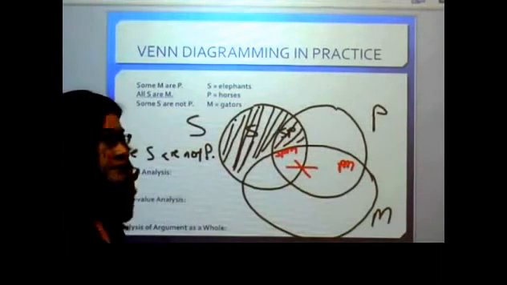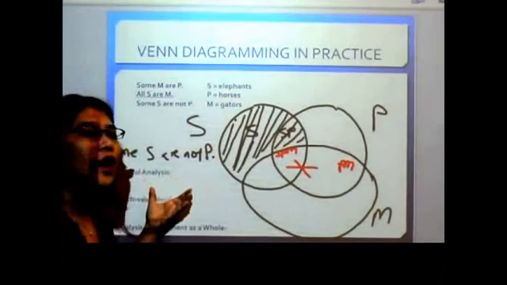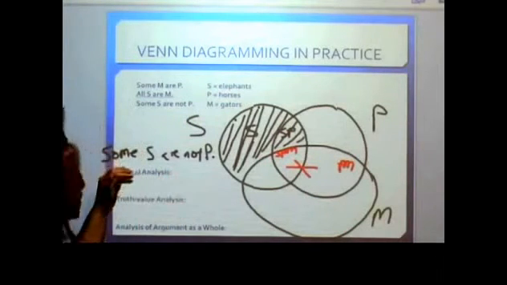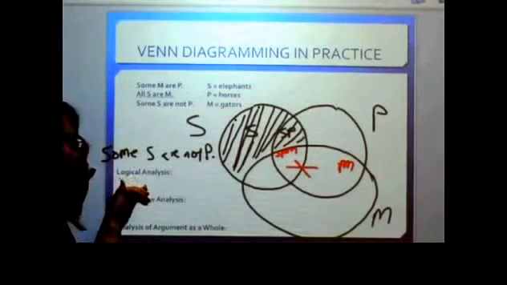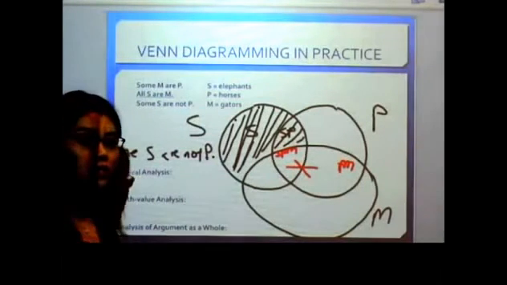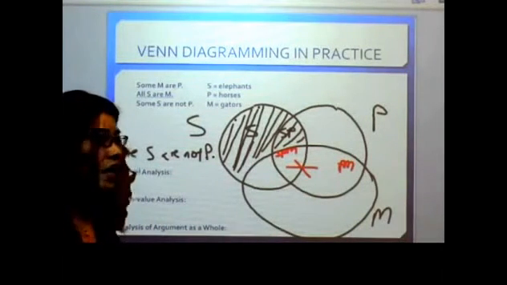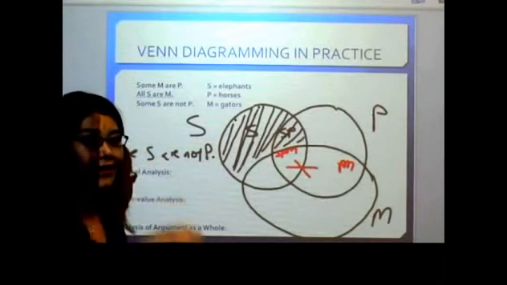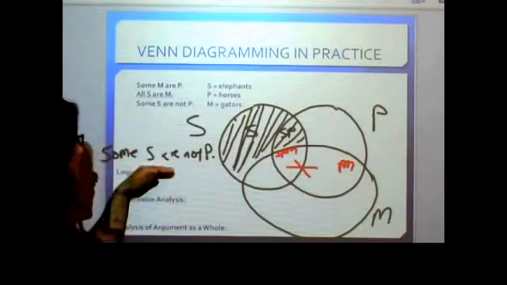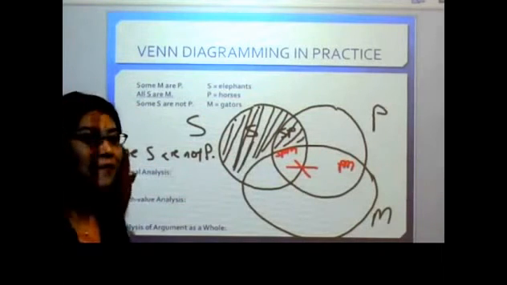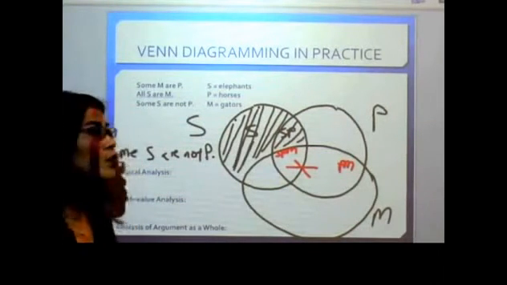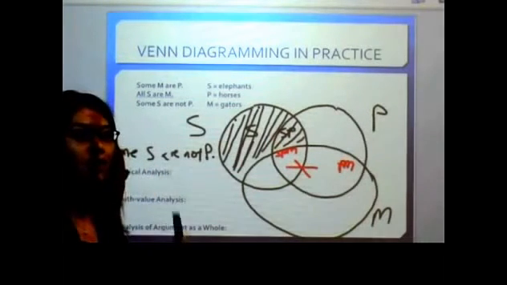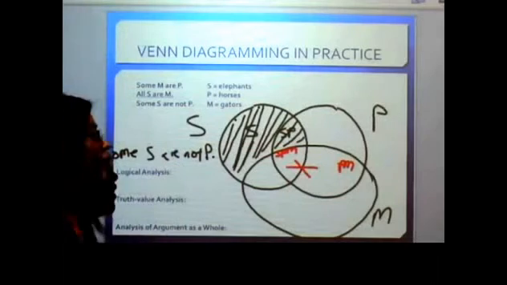So in order to see whether or not the conclusion has been diagrammed, because this is a particular statement, and for all conclusions that are particular statements, what you want to find is an X inside an area where this statement says something exists. You don't want to find it on the line. You want to find the X inside the area where the statement says something exists, okay?